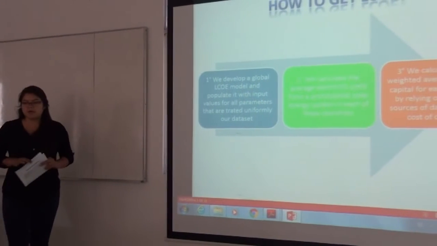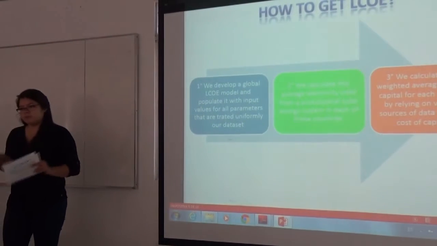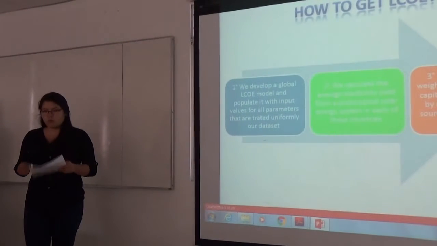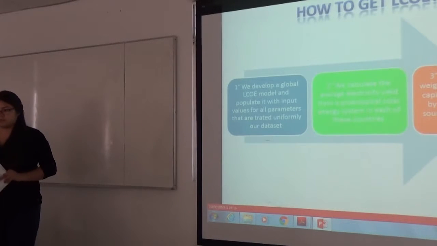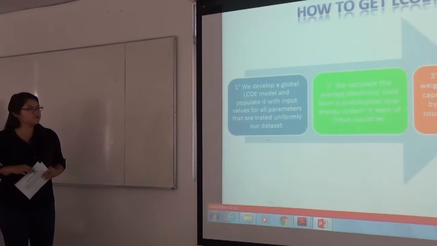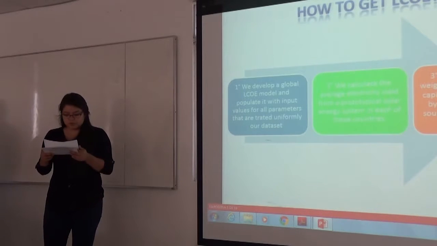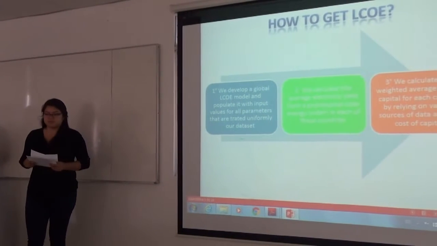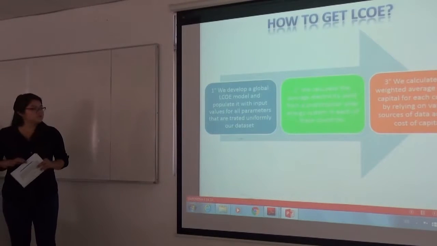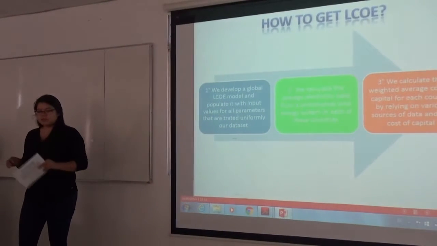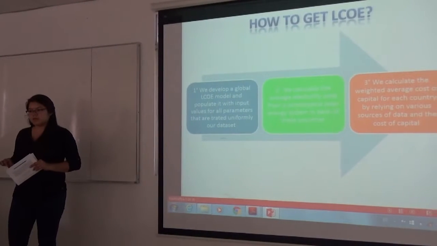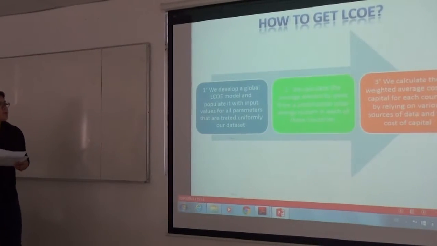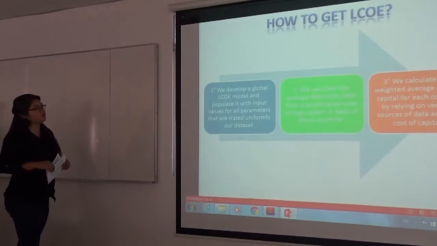It expresses the average cost per unit of electricity over the lifetime of a given investment, discounting all costs to their net present value at the time of installation, and dividing this by the anticipated total energy output. So, how to get LCOE?